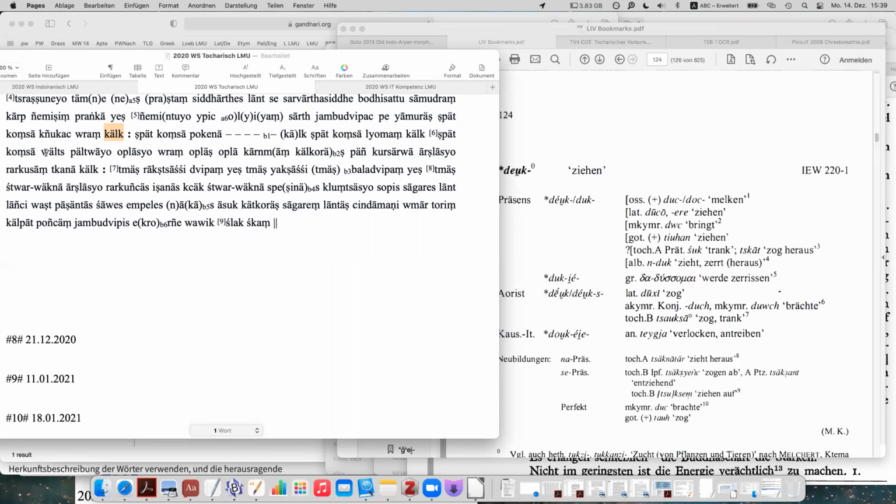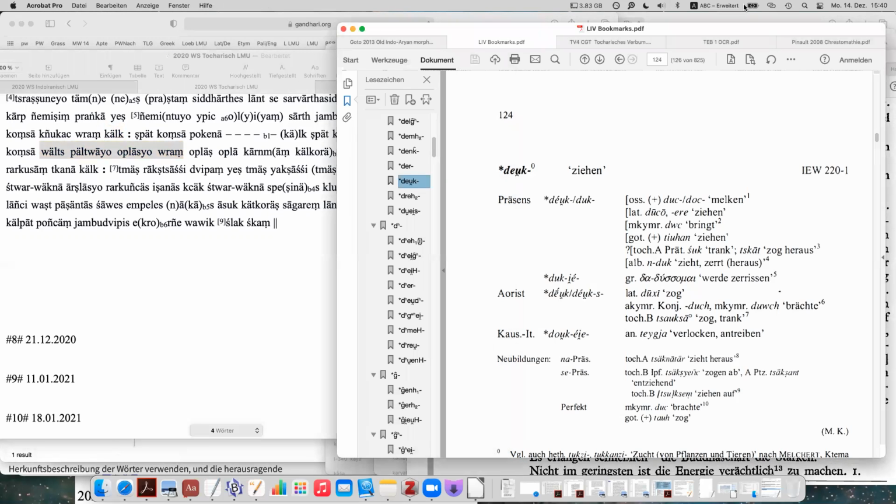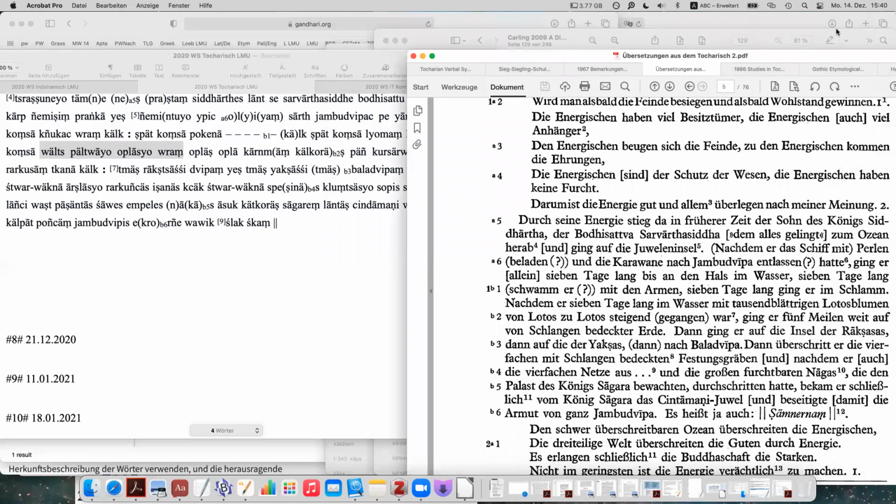The word is actually 1,000, so 1,000 petals, 1,000 leaves. And then, this is actually in the lake with lotuses. And this is the reason why he translated it as "in Wasser mit 1000 Blättrigen Lotusblumen."